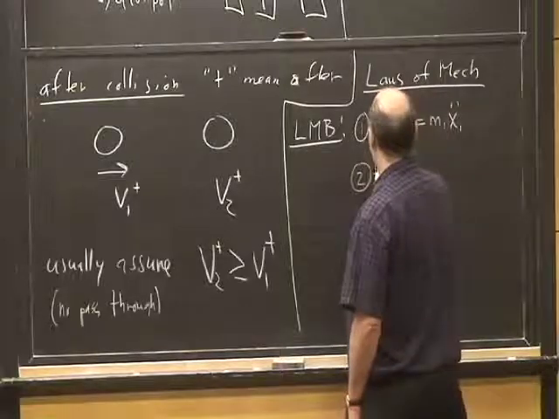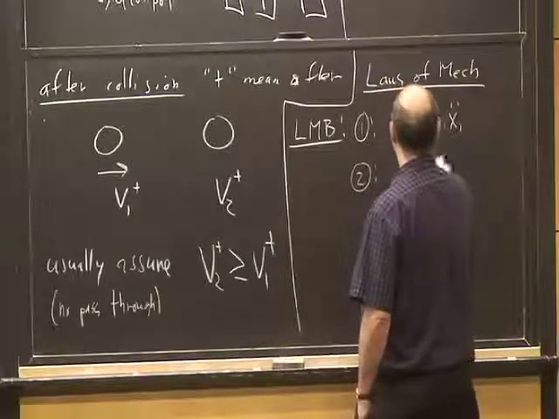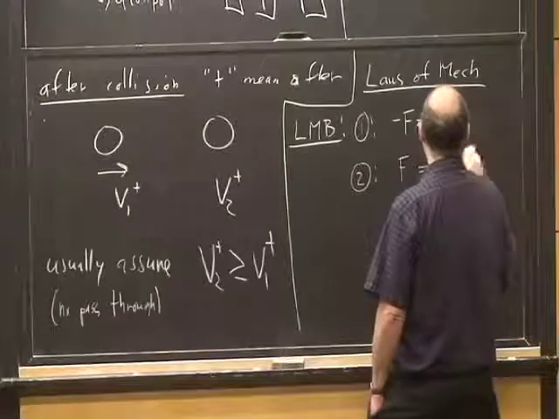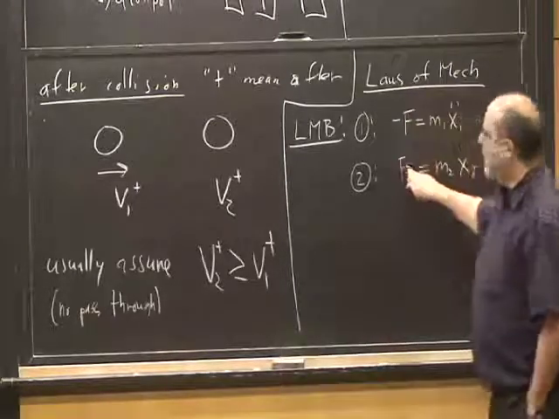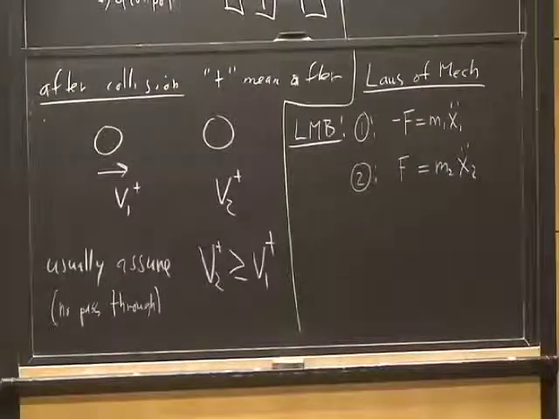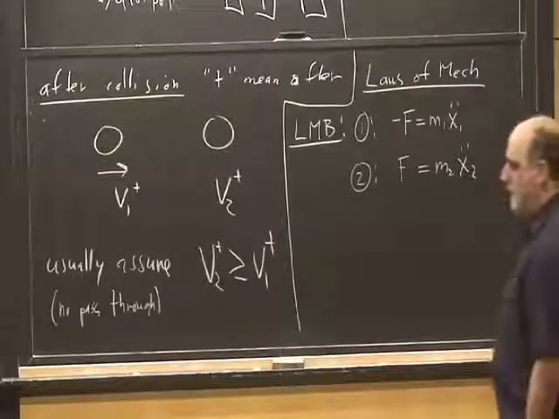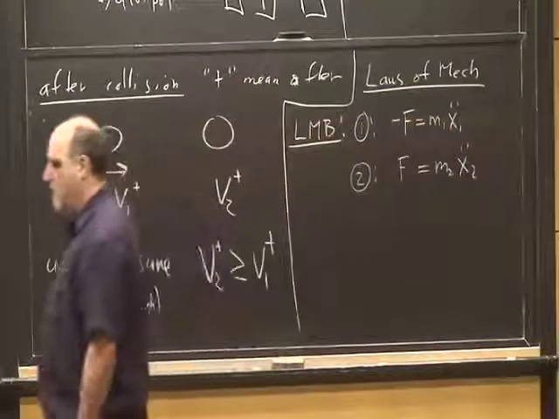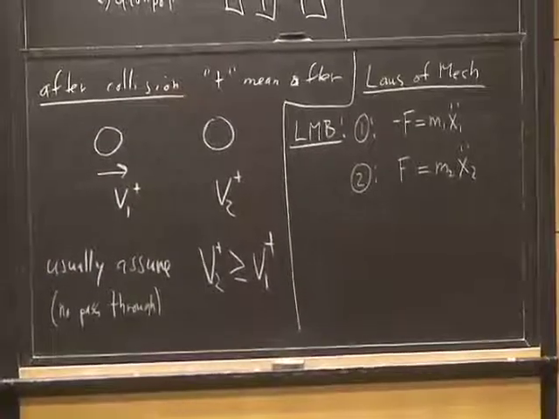For mass 2, we can write that F is equal to M2 x2 double dot. The same letter F, which is the compressive force between these two things. And in the case of collisions, we violate the general rule that tension is positive, because in collisions you just don't see much or any tension, so there's no point in always having negative numbers.